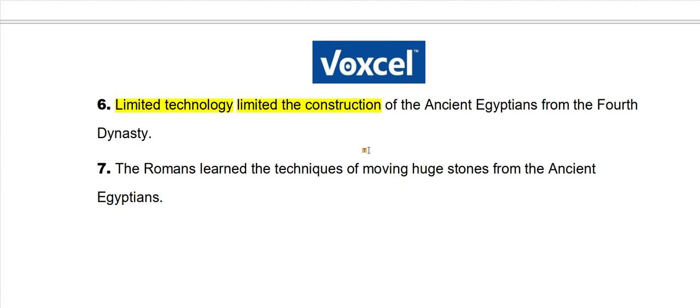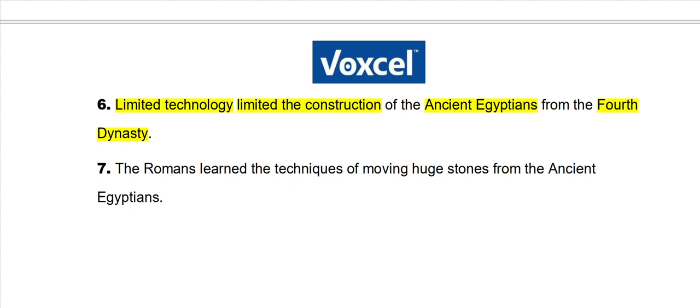So the construction of the pyramids or some other buildings of that era of ancient Egyptians from 4th dynasty became limited. Just say they were building, for example, 10 pyramids a year, but from the 4th dynasty, because of limited technology, they were making fewer pyramids than that.